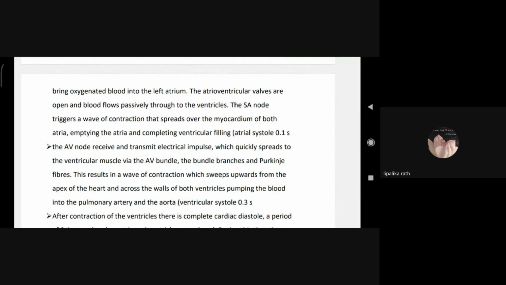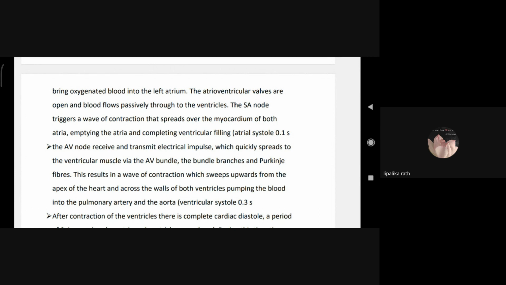When the right atrium is getting filled, at the same time left atrium is also getting filled. Meaning when the right atrium is getting filled with deoxygenated blood, at the same time left atrium is also getting filled with oxygenated blood. Okay. Then the atrioventricular valves are opened and blood flows passively into the ventricles.